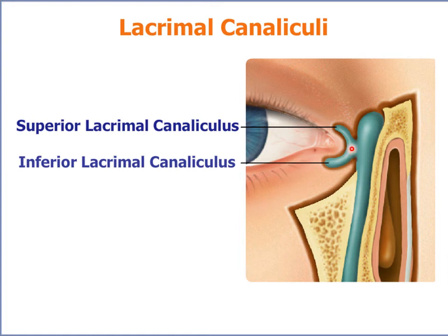These canaliculi terminate in the lacrimal sac separately, or they form a common stem known as the sinus of Meyer. This common stem opens into the lacrimal sac. Thus the fluid is carried into the lacrimal sac.